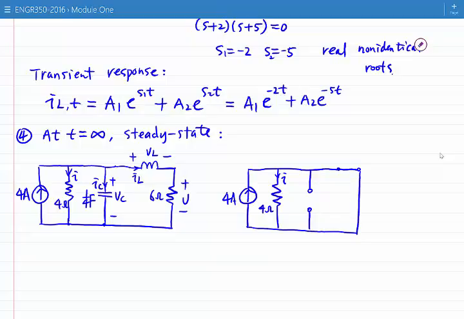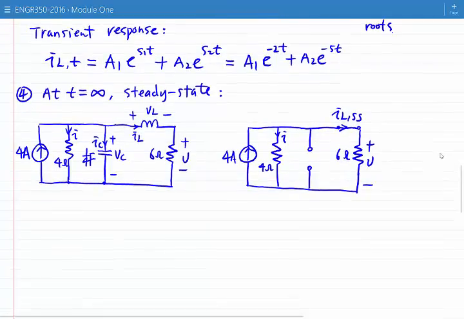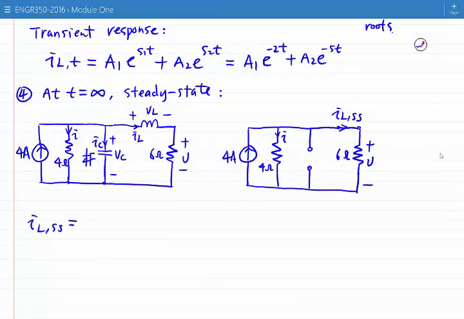Here I have the 6 ohm resistor. So what is the steady state inductor current? For this ILSS, we know the 4 ohm resistor is in parallel with the 6 ohm resistor, so the total current is 4 amp.